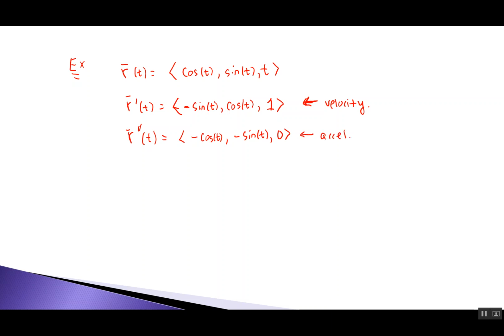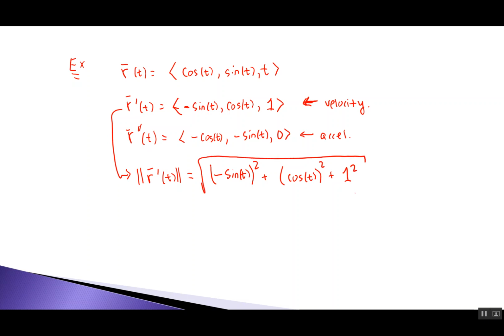All right. My speed, if I take the length of my r prime, I do it the same way we did when we first learned about vectors. I'll take my x component and I'll square it. I'll add my y component and square it. And I'll take my z component and square it.